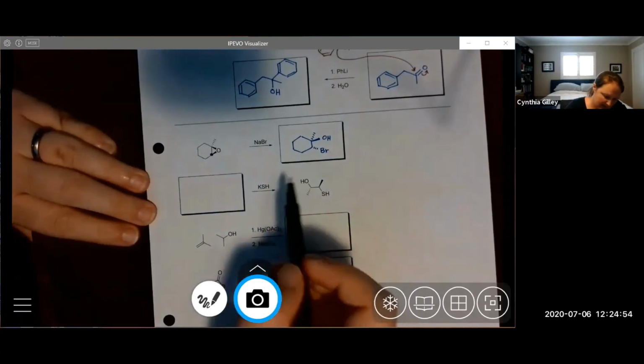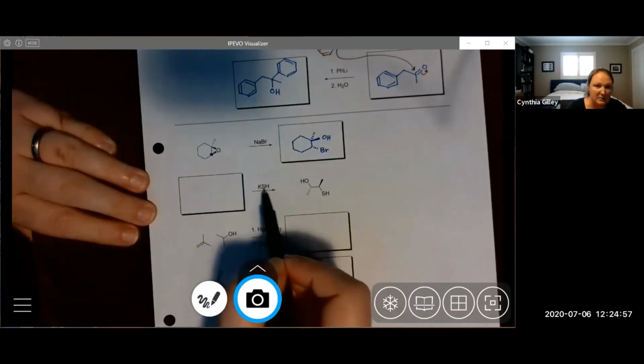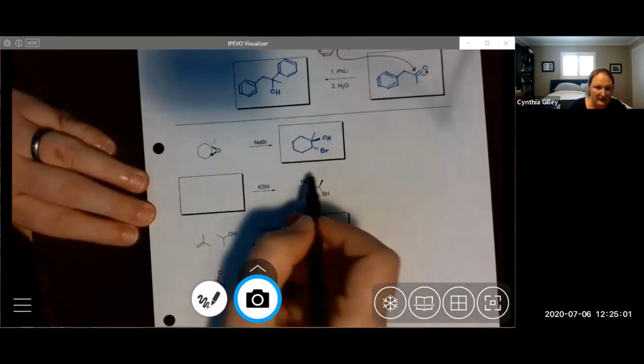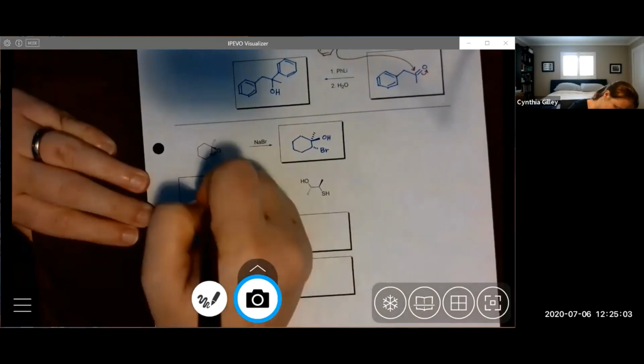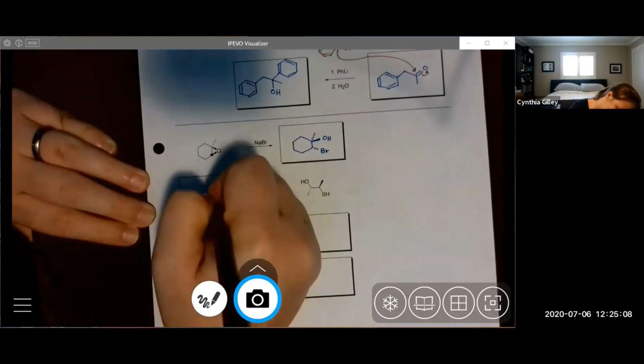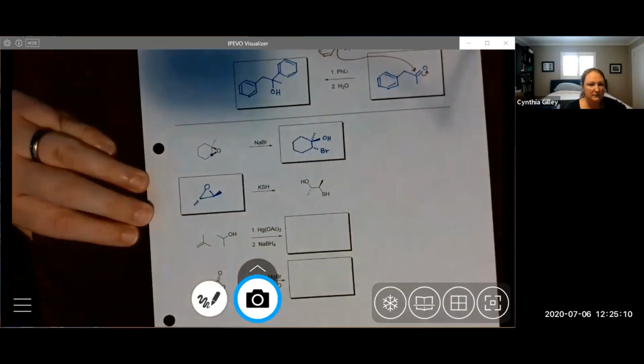So this one, KSH, is really just SH minus, which is a strong nucleophile, and it looks like it attacked an epoxide here. So let's draw the epoxide and keep the groups as drawn.